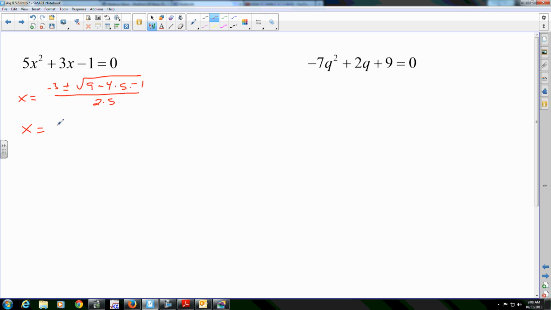So x is equal to negative 3 plus or minus, doing this becomes 9 minus a negative 20, which would be 29, all over 10. All right? That does not reduce. The 29 doesn't come out, so you just leave your answer like that. And that's totally okay. You just leave it.